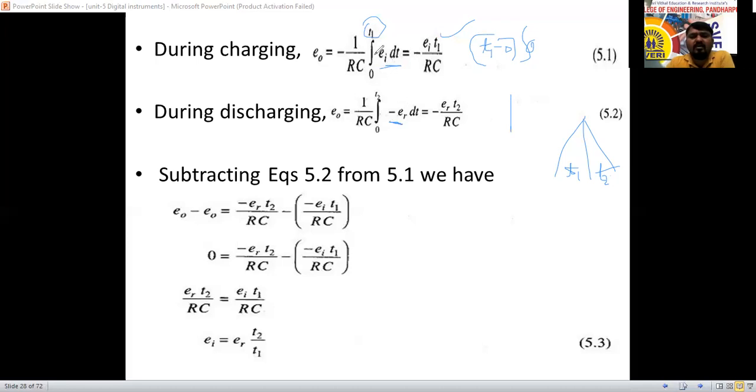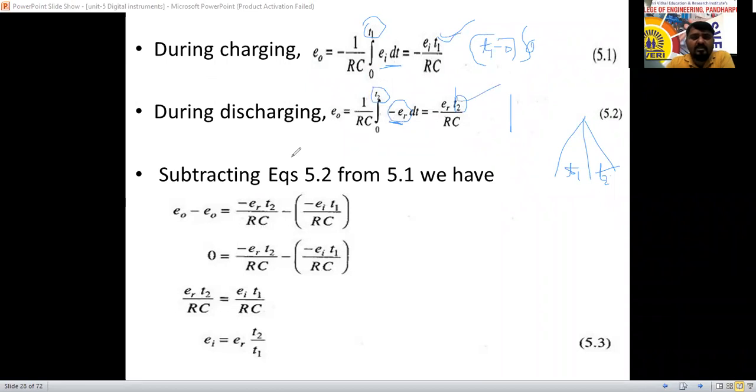Both are the same; here we have taken minus, here plus. Again, here also we are considering the integration of 1 only. In the place of T2 we are substituting the limit for the discharging, so T2 we have substituted. So here T1 is there, here T2 is there.